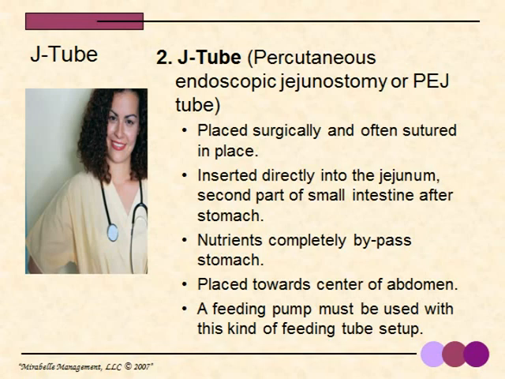Usually the tube is placed toward the center of the abdomen and connected to the upper portion of the small intestine. Sutures are sometimes used to hold the tube in place, and a feeding pump which pumps a predetermined amount of nutrient mix into the tube must be used with this kind of tube feeding setup.